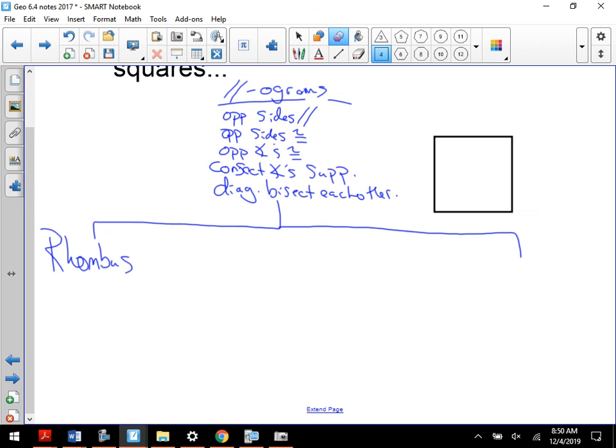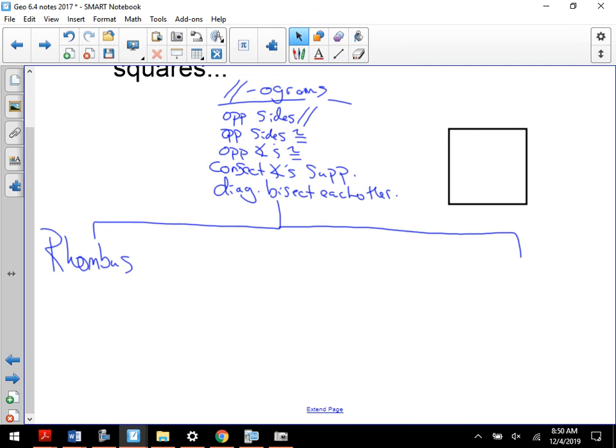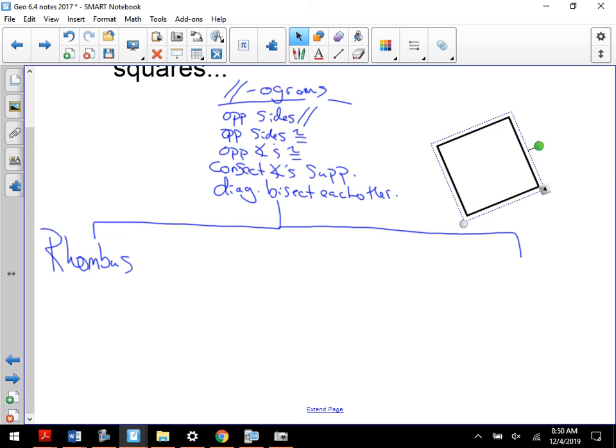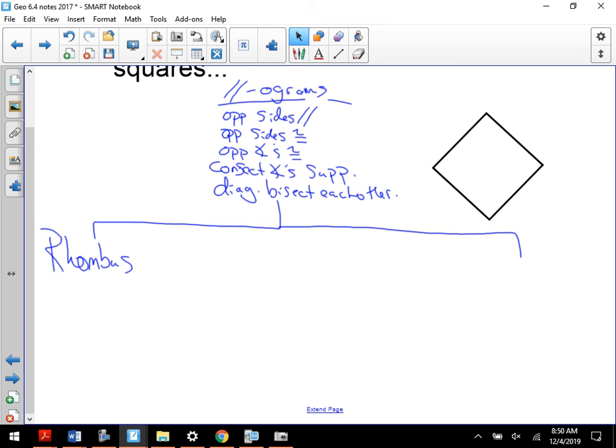Isn't this a square? What makes a rhombus a rhombus? I see what you're saying.